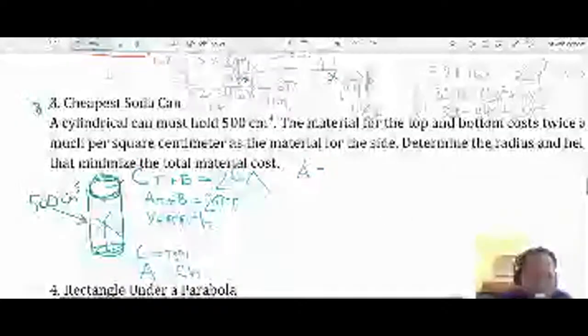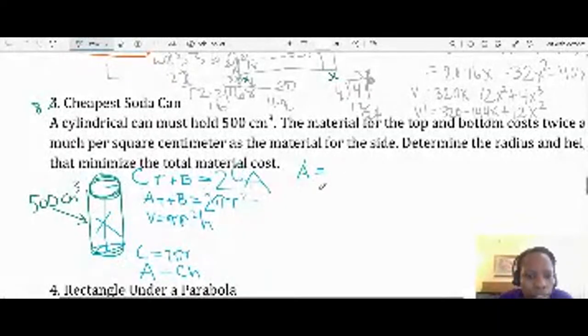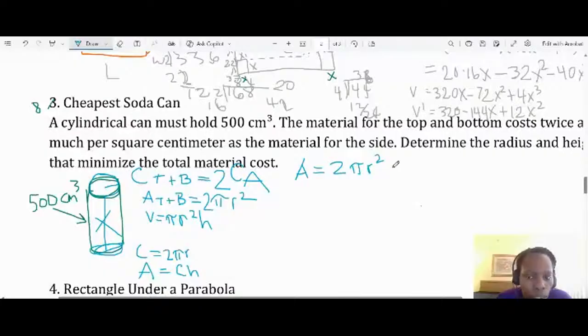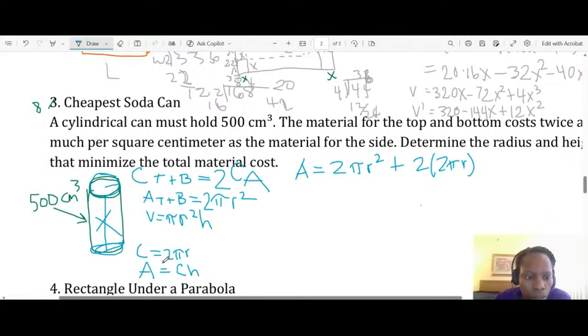it's really kind of like the surface area, total surface area. It's going to be 2 pi r squared plus 2 times 2 pi r. No, what is the height? It doesn't say what the height is.